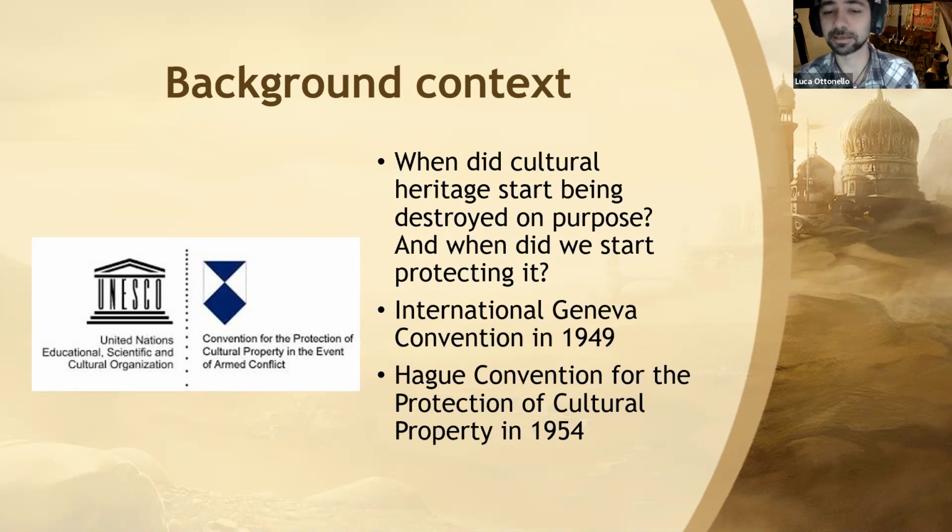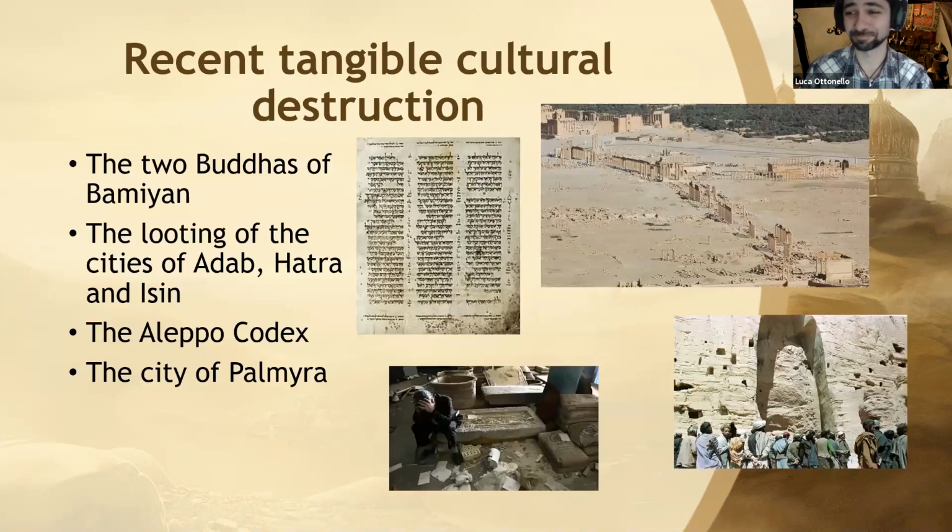And then they went on with the Hague Convention, which created a system to control also the intangible heritage and kind of coined the heritage terminology. So these are ways in which institutions are trying to protect against the destruction of cultural heritage due to different reasons. But the problem is, once they're destroyed, they're destroyed. There's not much you can do about it.